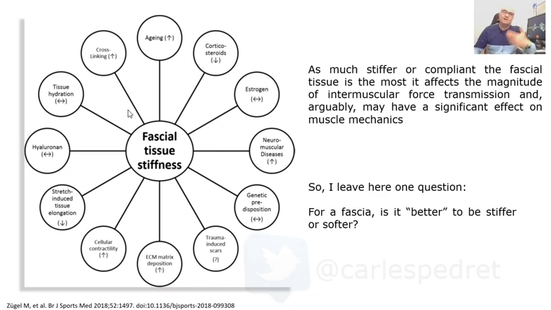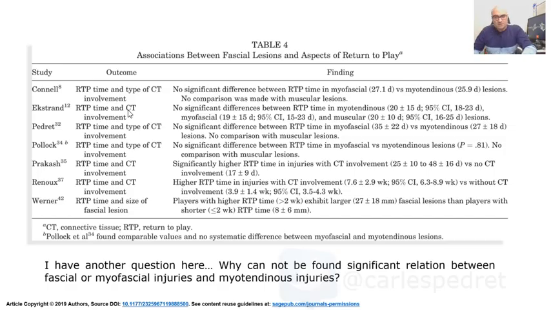But let's move back to the first study, the one saying it is all about the fascia. We have this table here, which makes an association between fascial injuries and return to play aspects. This is very interesting, and I'm going to explain this table a little bit.